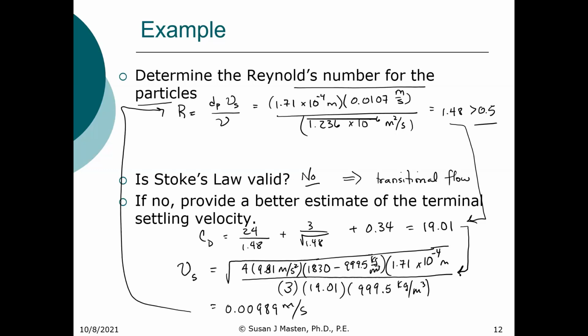And if you do that, you find that the terminal settling velocity is 9.23 times 10 to the minus 3 meters per second. You can do that manually, or you can do that in Solver.